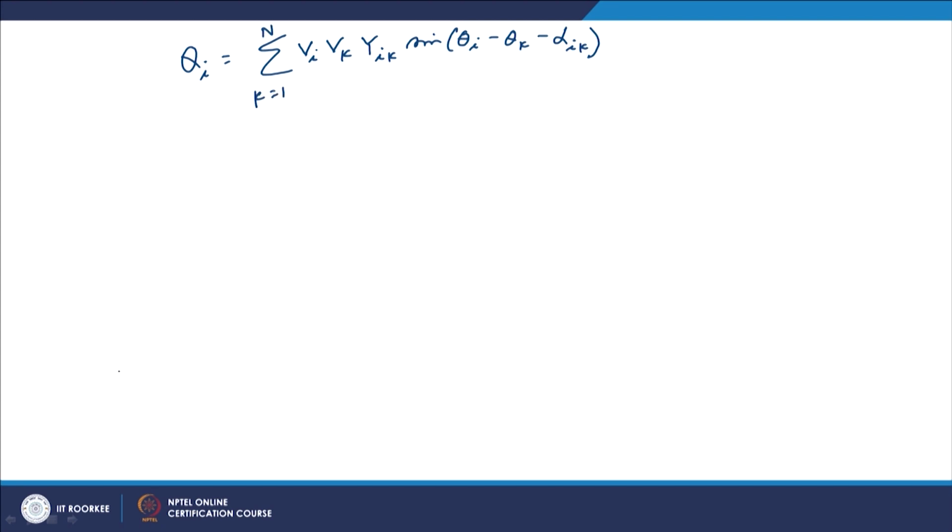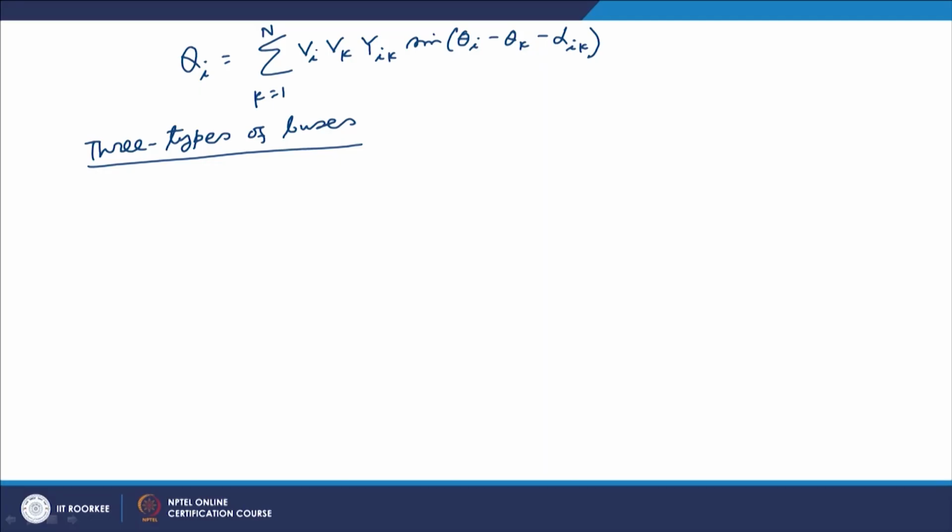And we have already seen what these quantities are. For example, Y I k is nothing but the magnitude of the element of the bus admittance matrix corresponding to the ith row and kth column, and alpha I k is the corresponding angle, and P I and Q I are the injected real power and the injected reactive power at bus I.